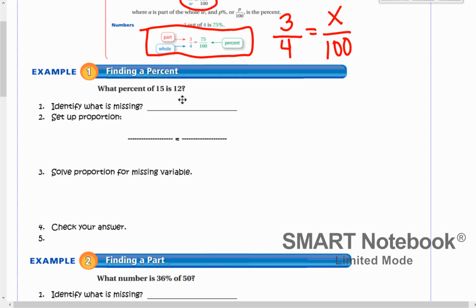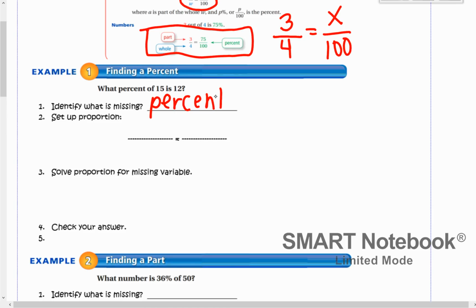Now we're going to follow the same steps because there are 3 different types of problems, and determining which problem it is is the hardest step. So our first step is always going to identify what is missing from that proportion, for where we're going to put that variable. What percent of 15 is 12? What is missing? The percent is missing.